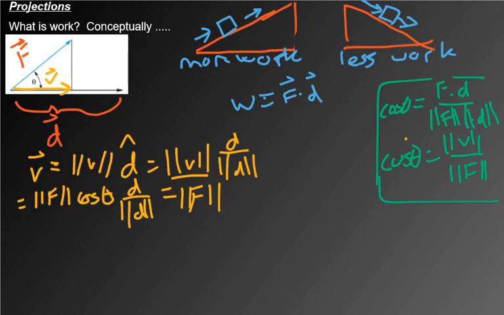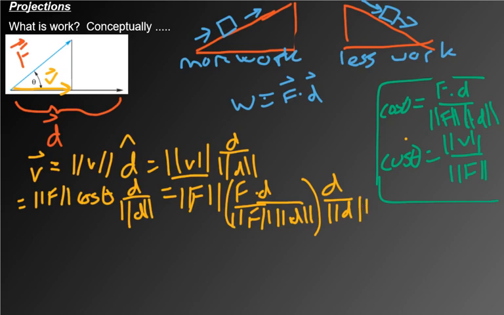The cosine of theta is f dot d over the magnitude of f times the magnitude of d. That whole thing is cosine theta, and then we've got d over the magnitude of d. Some stuff's going to cancel.